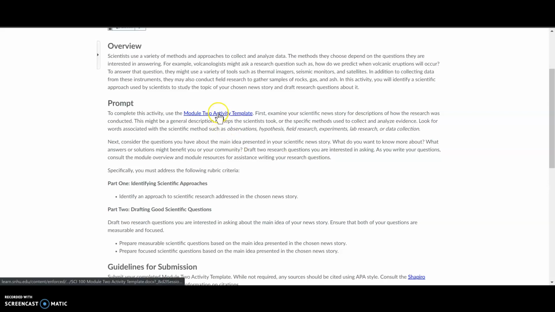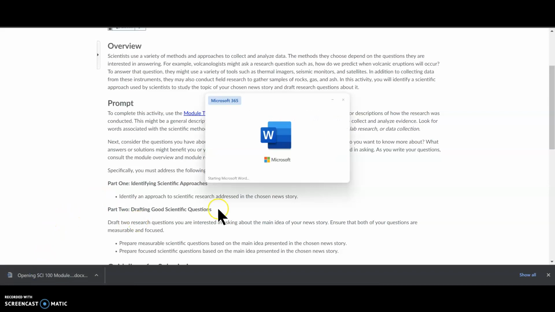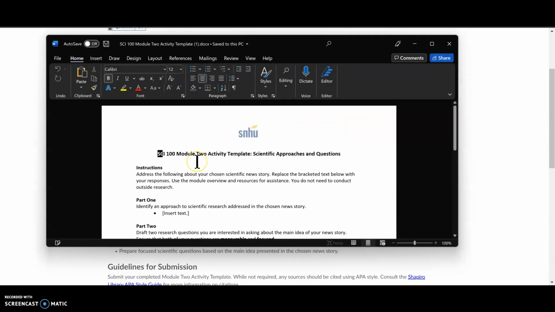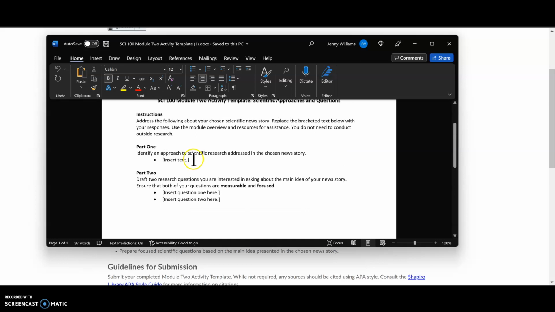So when we go to open up this template, it's going to download to your device. We're going to go ahead and open it. We're going to enable us to edit it, and we're going to go ahead and look at part 1. So it says identify an approach to scientific research addressed in a chosen news story.